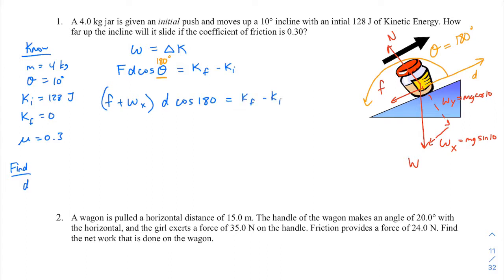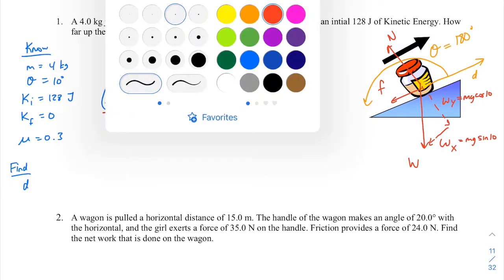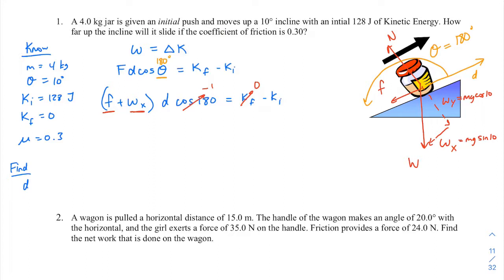So there are a couple of things I can simplify. Cosine of 180 is just -1, and my K final is 0. I can also simplify what the friction and Wx terms are. Friction is mu times the normal force. Wx is mg sine of 10, times the distance times -1, is equal to negative kinetic energy.